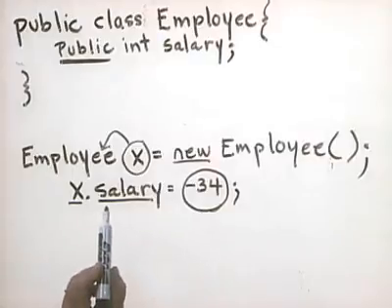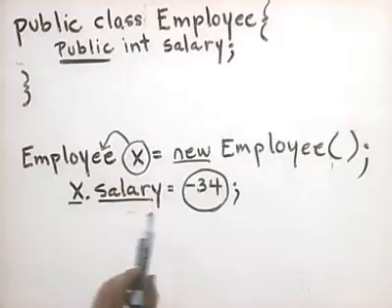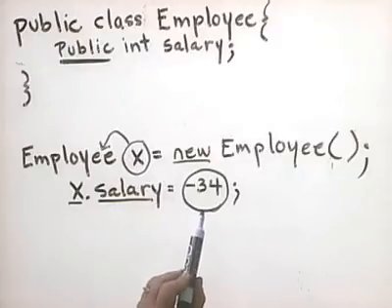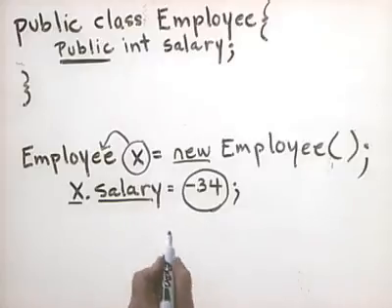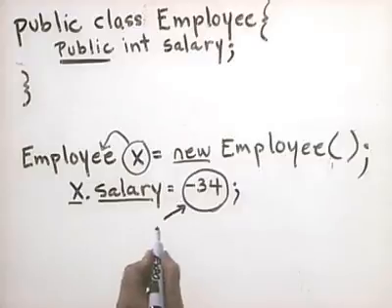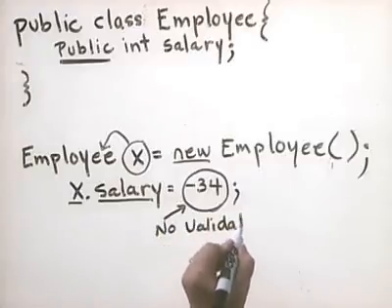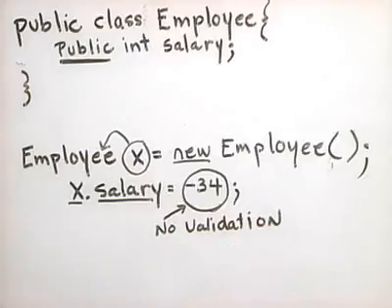And by allowing a consumer of your class or an object to directly access the salary data member, you've not allowed yourself to validate. So there's no validation opportunity at all when dealing with public data members.